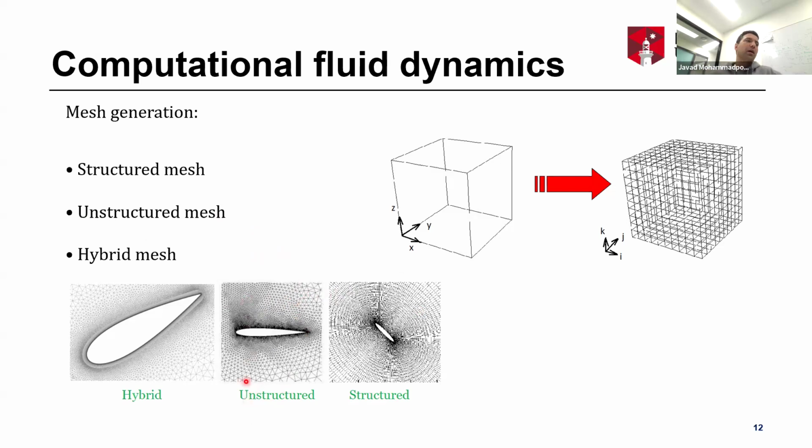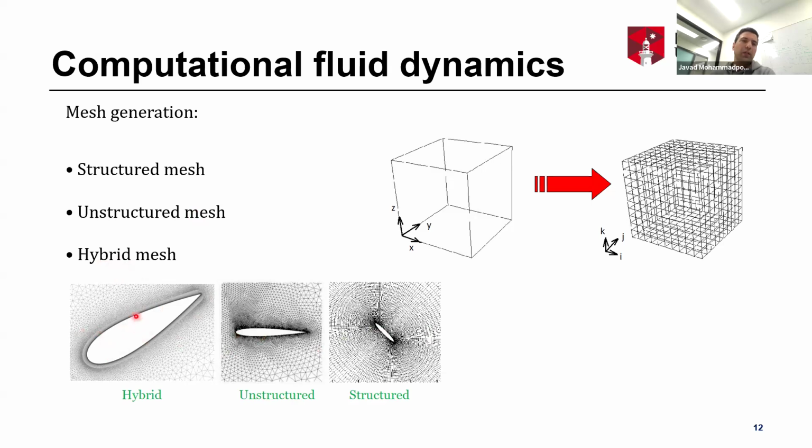If we combine these two meshes, which is very common in engineering, we can have the hybrid mesh. For example, this is an airfoil that you can see in these three figures.